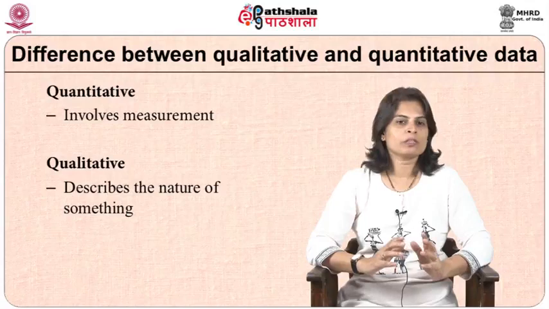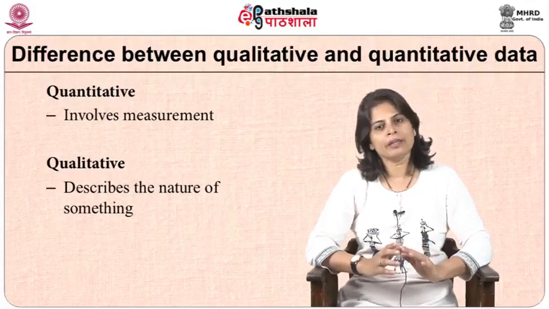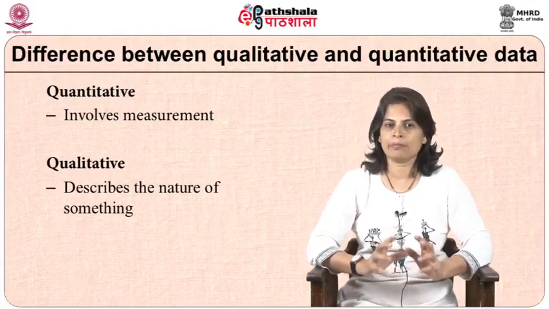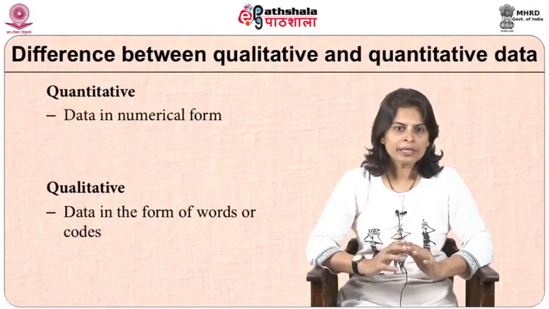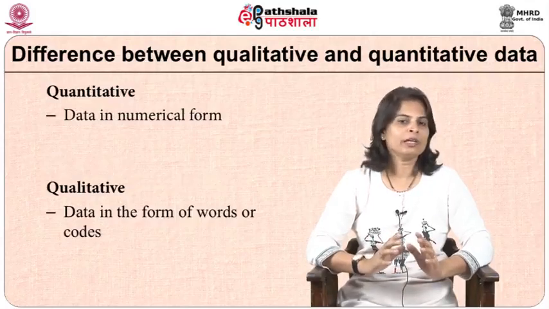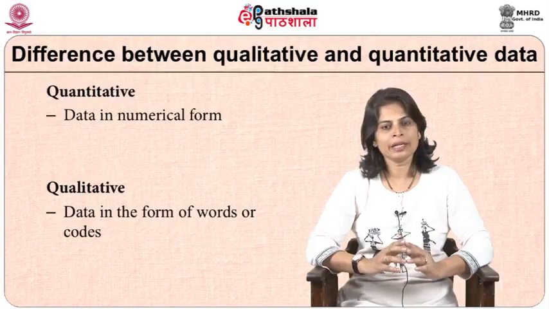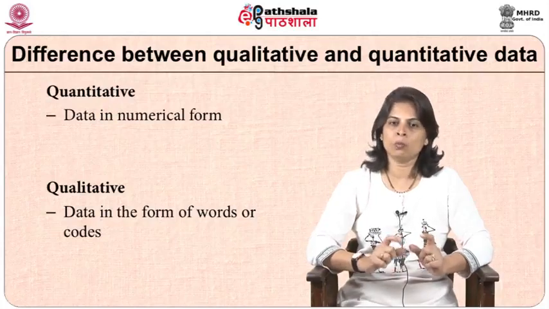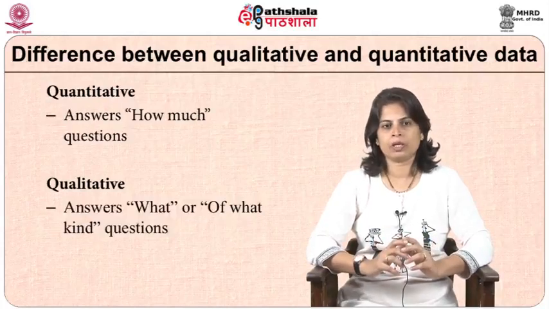Let us understand the difference between qualitative and quantitative data as a comparison. Quantitative data involves measurement, while qualitative data describes the nature of something. In quantitative data, the data is in numerical form, whereas in qualitative data, it is in the form of either words or codes.